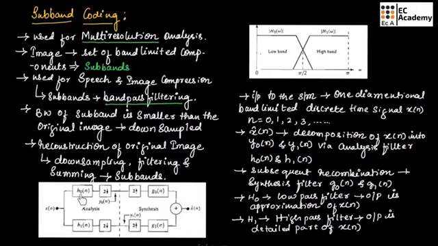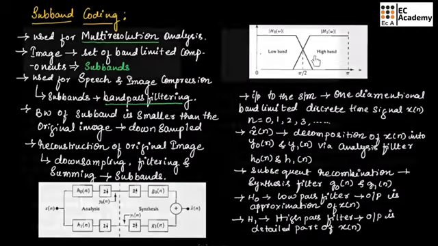Here filters h0 of n and h1 of n are half-band digital filters whose idealized transform characteristics are shown in this second figure. This figure shows the spectrum splitting properties of the filters, where h0 is a low pass filter whose output is an approximation of x of n and h1 is a high pass filter whose output is the high frequency.